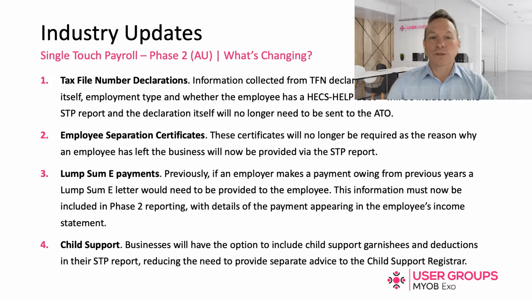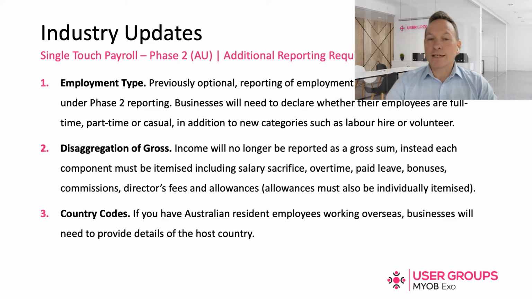And of course, also with child support, any options to include child support garnishes and deductions will now be included in STP reports, which means you don't need to provide separate advice to the child support registrar. In terms of a few other minor changes, the employment type will now be included as a part of the employee data that's provided through STP Phase 2.